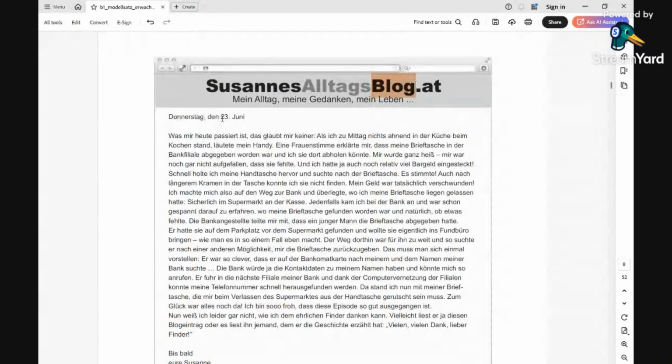Donnerstag, den 23. Juni. Was mir heute passiert ist, das glaubt mir keiner. Als ich zum Mittag nicht annähernd in der Küche beim Kochen stand, läutete mein Handy. Eine Frauenstimme erklärte mir, dass meine Brieftasche in der Bankfiliale abgegeben worden war und ich sie dort abholen konnte.